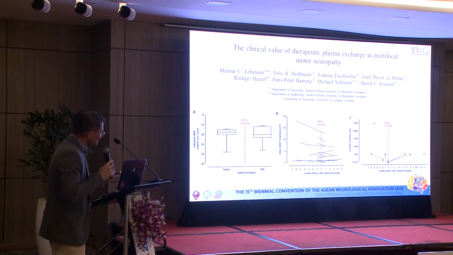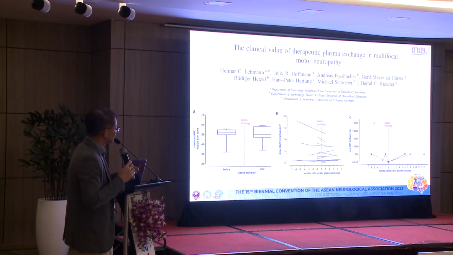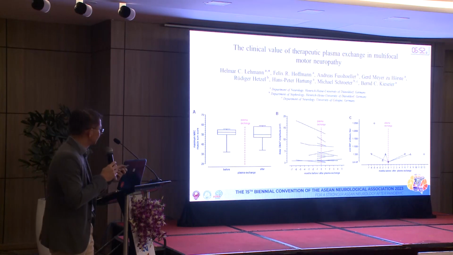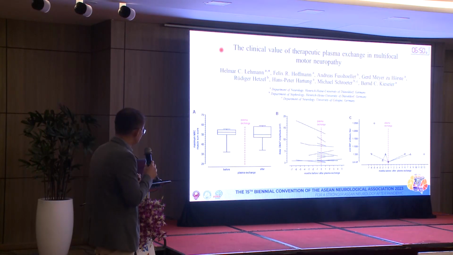But we do know that when you do plasma exchange on patients with multifocal motor neuropathy, you see that the level of the anti-GM1 antibody actually drops. However, it does not translate into clinical improvement.